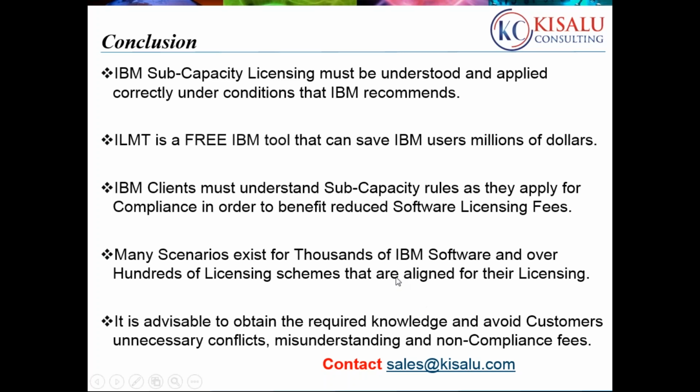There are many scenarios that exist for the thousands of IBM software products, and there are over 140 schemes for licensing products, aligned to their different methods, different types and even different versions for each product. So it's advisable to obtain the required knowledge and avoid unnecessary customer conflicts, misunderstanding, and non-compliance fees.